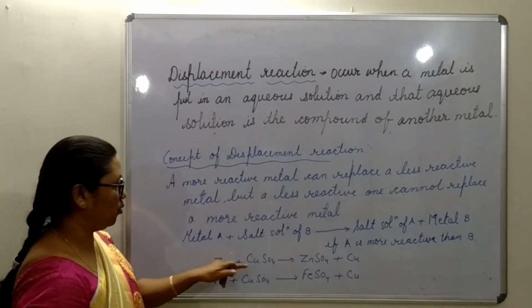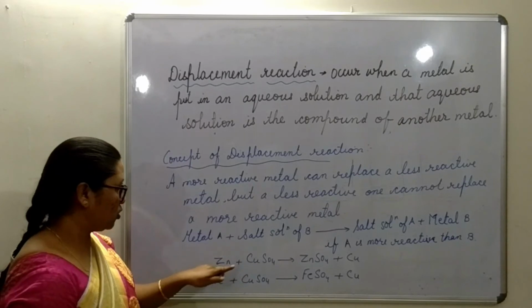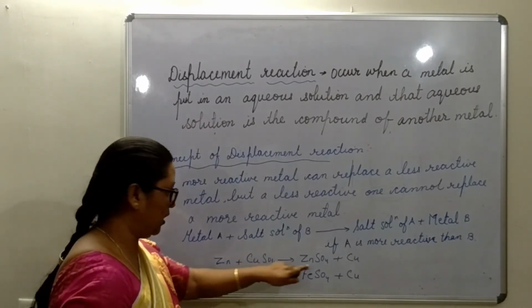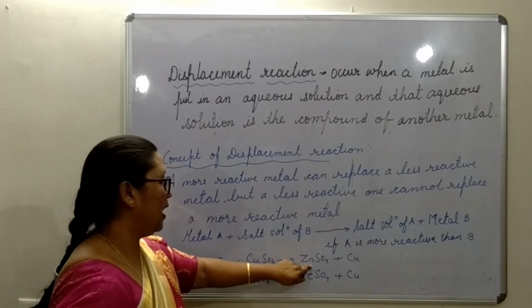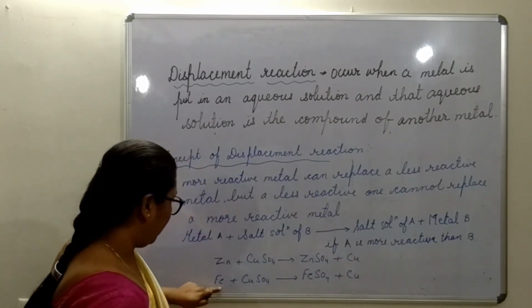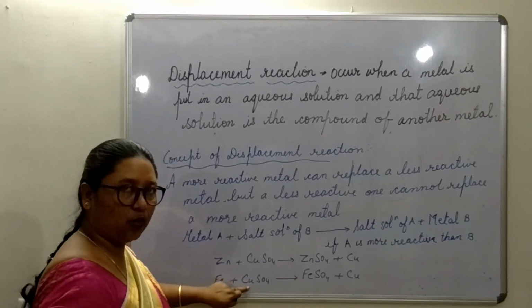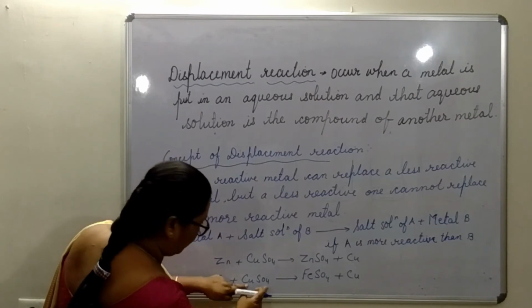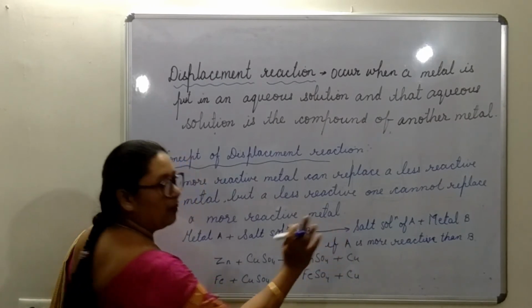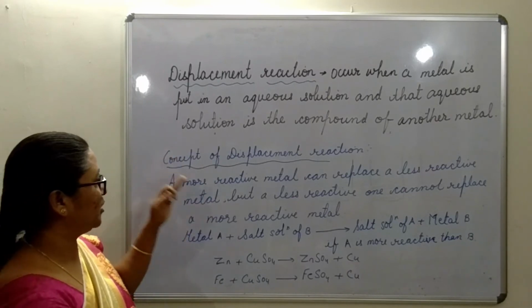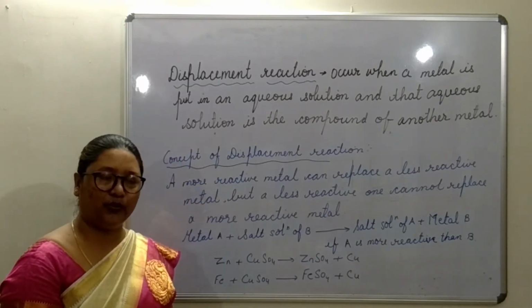Here Zn is more reactive than copper, so Zn replaces copper from copper sulfate solution and forms ZnSO4, meaning zinc sulfate, plus Cu. Iron is more reactive than copper, so iron replaces copper from copper sulfate solution, and metal Cu is left. I hope this displacement reaction is clear to you.